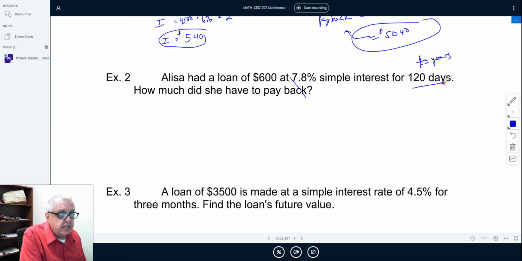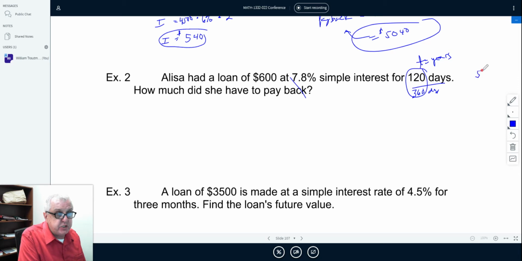And instead of 362 days or 363 days, however many days in a year, 365, what we do is we just round it to 360 days in 1 year. So time is 120 over 360.